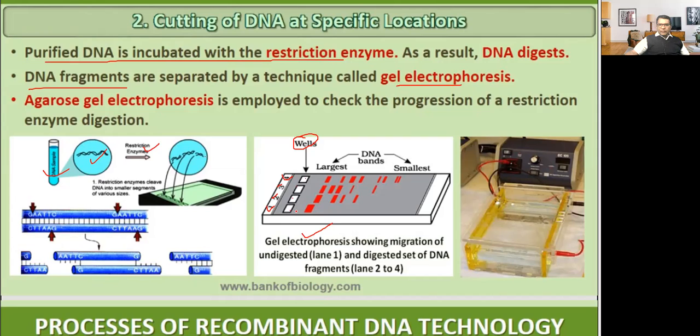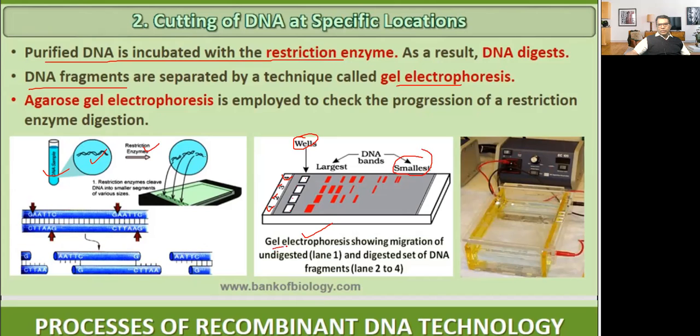Then under the influence of an electric field, they start migrating, because DNA is a charged particle. And this gel will have small pores. So those which are larger in size will travel less distance, and those which are smaller will travel more distance.